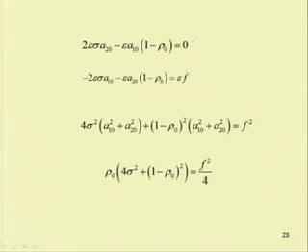Now, by squaring these two equations and adding, by squaring this, it becomes 4 epsilon square sigma square A20 square minus 2 into 2 epsilon sigma A20 into epsilon A10 into 1 minus rho 0 plus epsilon square A10 square into 1 minus rho whole square.